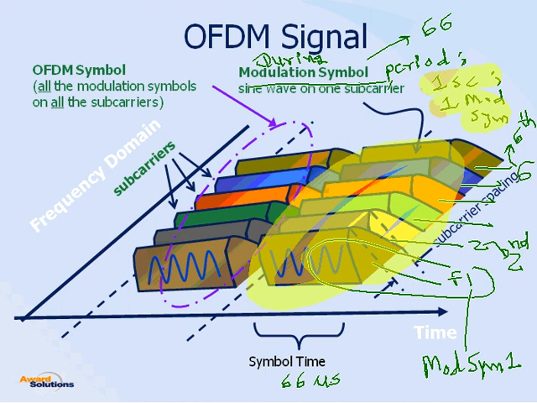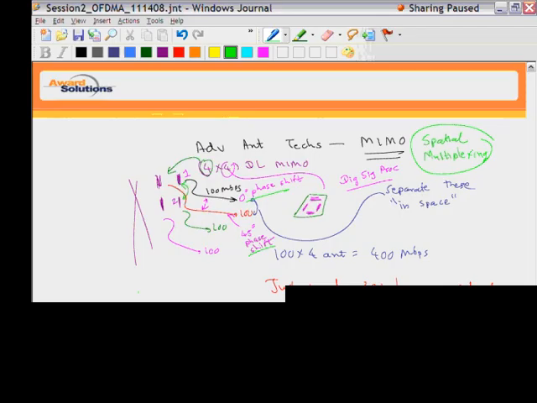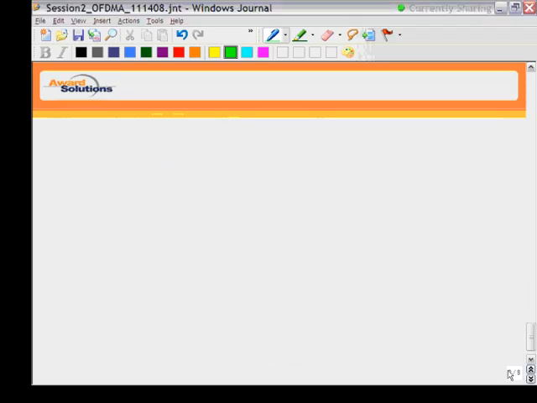Okay, 20 megahertz. Someone did the calculation that 20 megahertz gives 1333 subcarriers. Let me address that question. And again, we really appreciate you asking questions. The more the questions, the better.